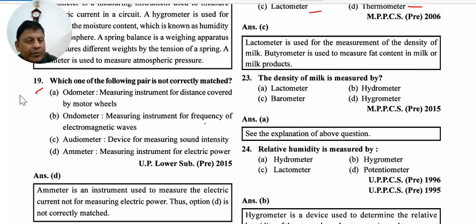Now this question. Which one of the following pairs is not correctly matched?